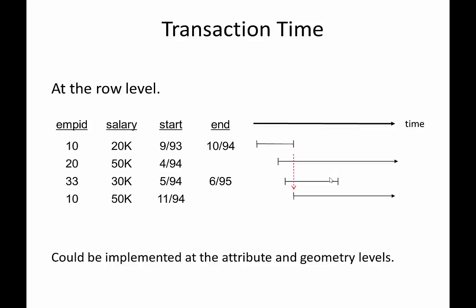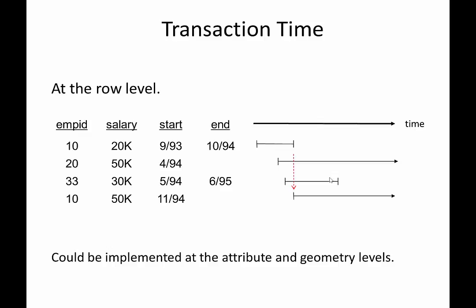So here's an example of transaction time with just an employee database. They seem to be very popular for database examples. So employee 10, 20,000, started work in this position on the 9th of September 1993, worked in the job until October 94. We have one stamp for when this row started, was valid.